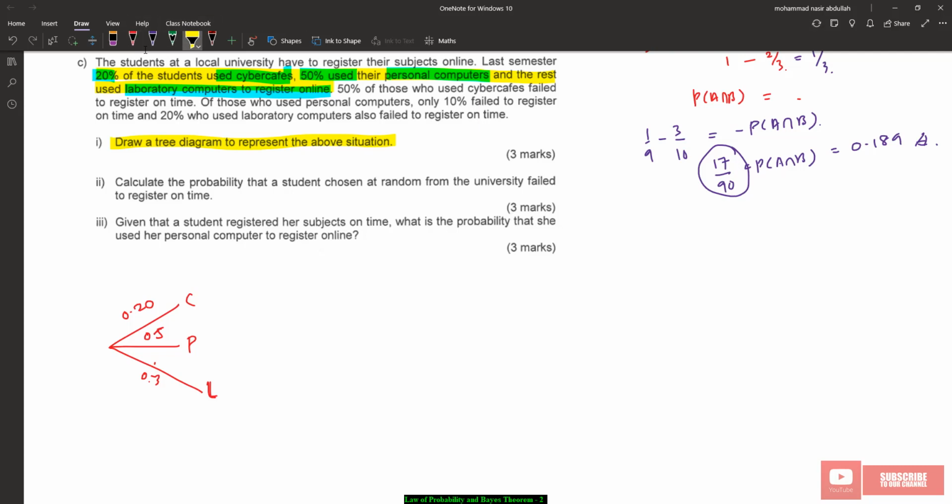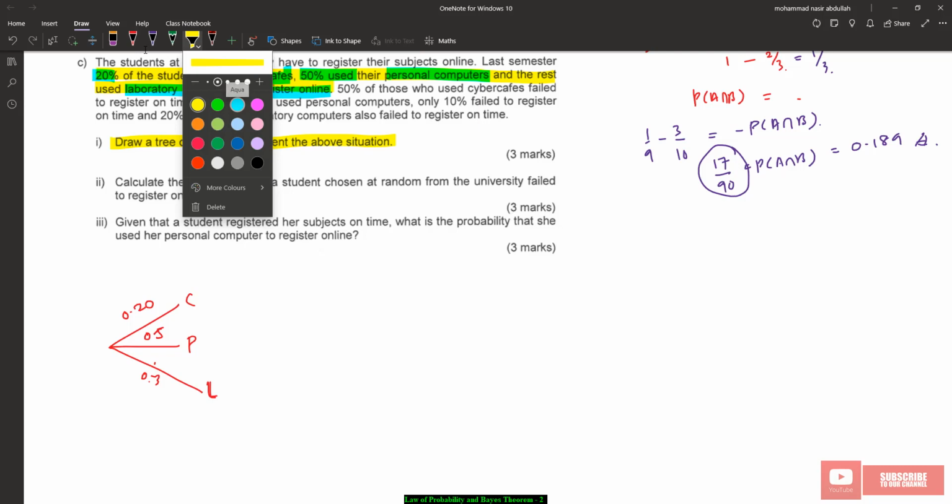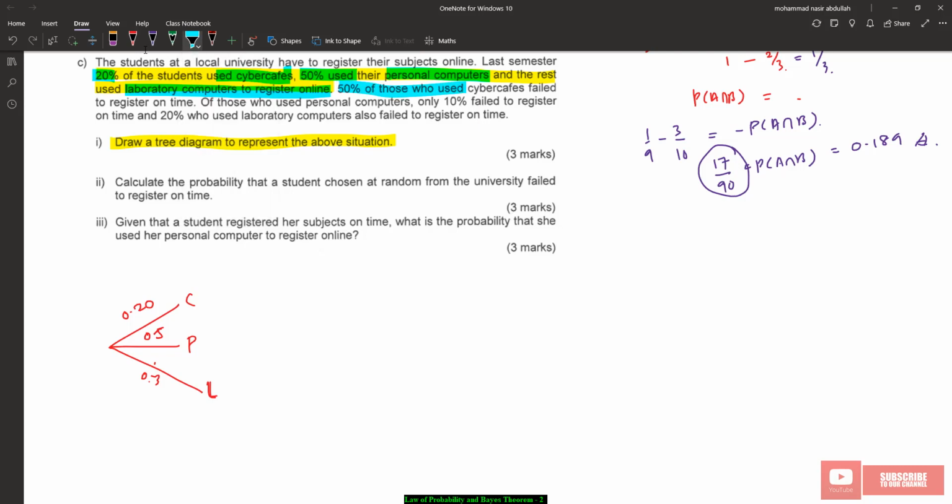Right, now let's look at the second part. 50% of those who use cyber cafe fail to register on time. Maksudnya, they're going to give you two options: either register on time or late.